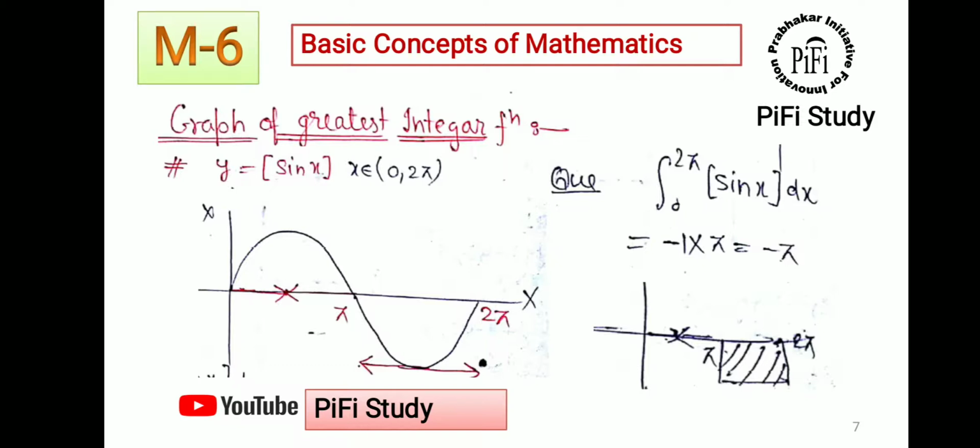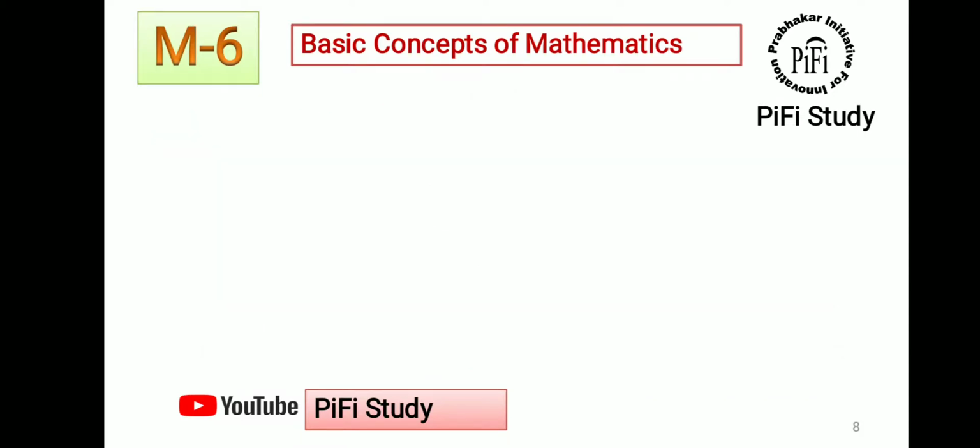In the positive side there is no area bounded by the greatest integer function, but on the negative y-axis, in the fourth quadrant, you have the value minus 1 for pi to 2 pi. So the area is minus 1 into pi, which is equal to minus pi.